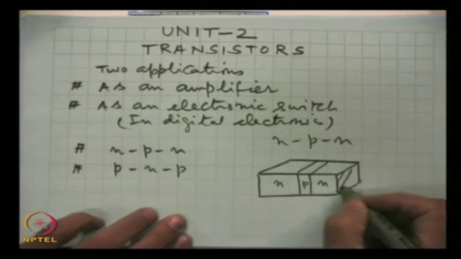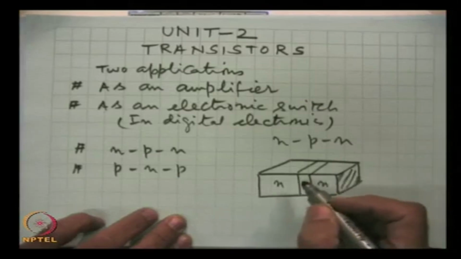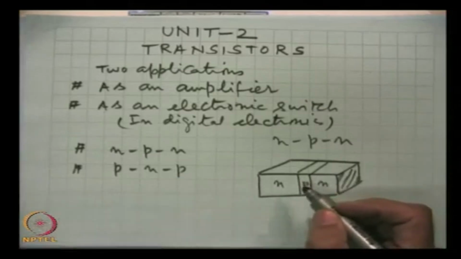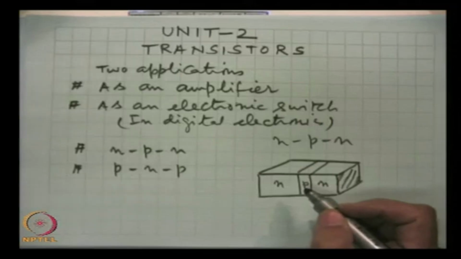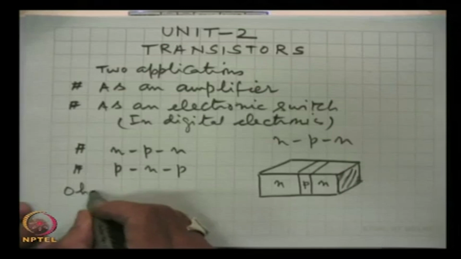There are ohmic contacts. The contacts are of two types, ohmic contacts and rectifying contacts. Ohmic contacts are the ones in which if we change the direction of the battery, the behavior remains the same, unchanged behavior for changed polarity.